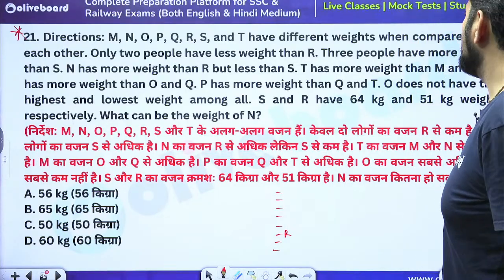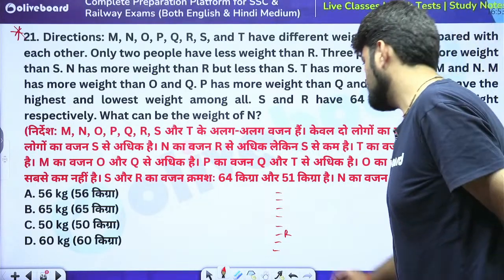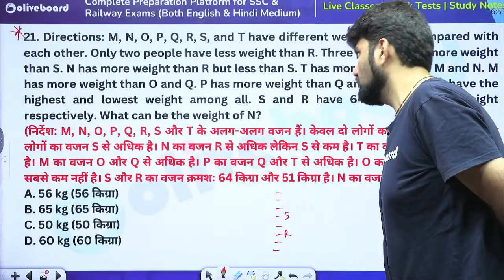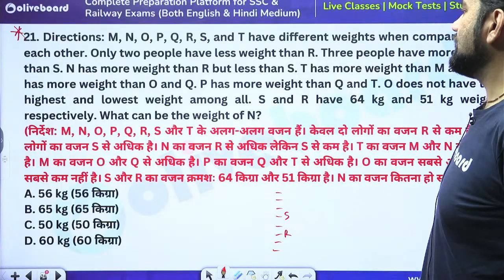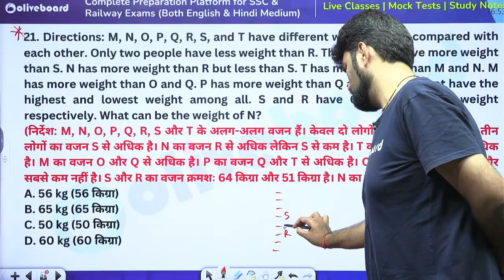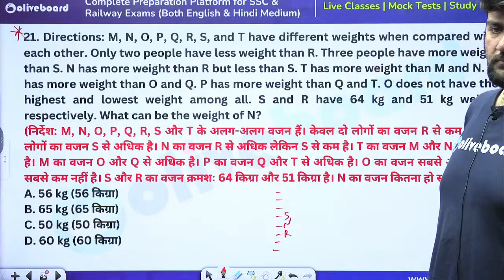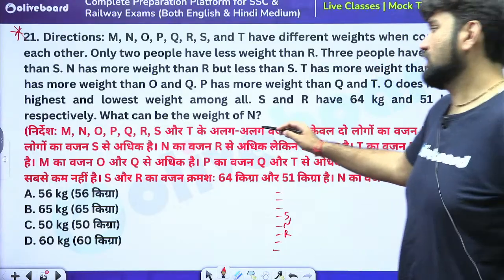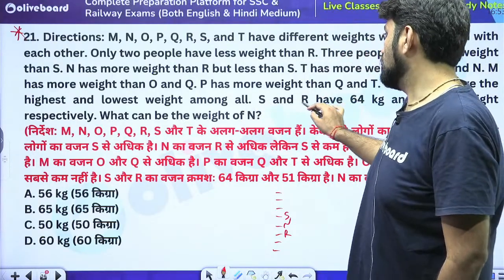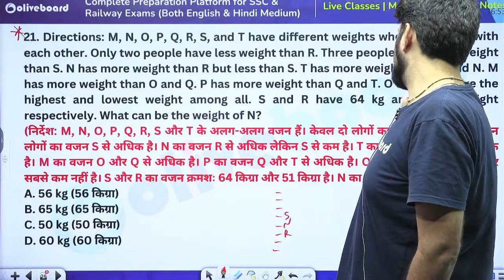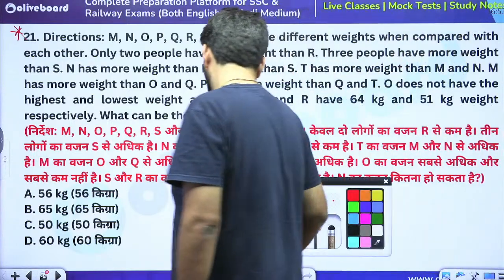Okay. 3 people have more weight than S. So S is definitely here. N has more weight than R but less than S. So we definitely know N is here. Now, if you would have read the question, what can be the weight of N, and the line previous to it, S and R have 64 and 51 kg.